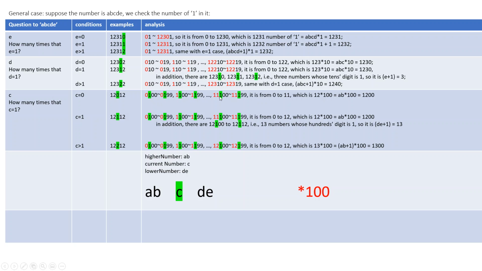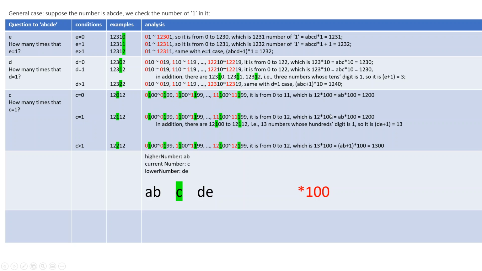So the red number, we look at the red number. It actually ranges over from 0 to 11. So it's 12 groups, right? 12 groups, each group with 100 numbers. So it's 1200. And when C equals 1, actually we could not enlarge the number of groups.